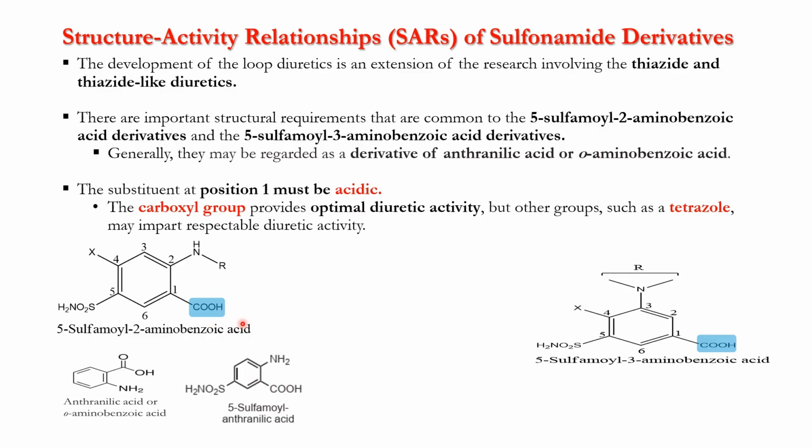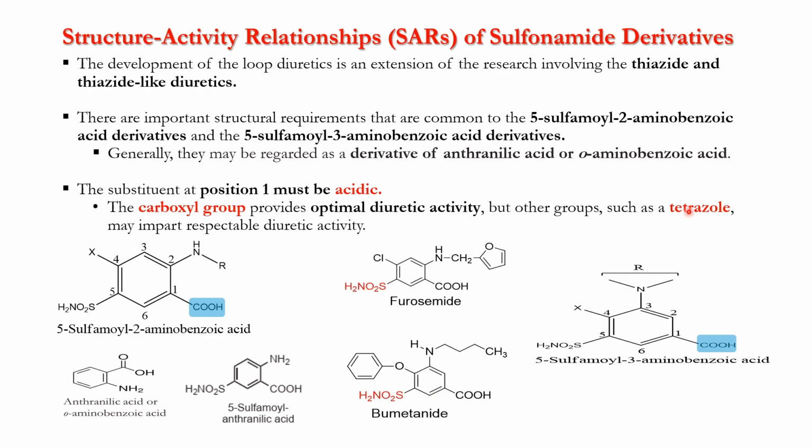Not only carboxylic acid, but it is also possible to replace the carboxylic acid with tetrazole. Tetrazole is also acidic, so it can also bring the acidic functional group. Just to see the structures, the first one is furosemide and the second is bumetanide. Both contain the carboxylic acid at the first position, which gives them the maximum diuretic activity.